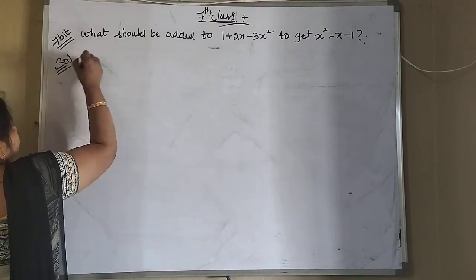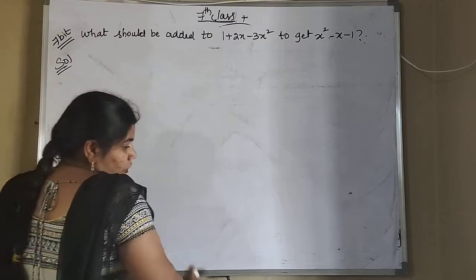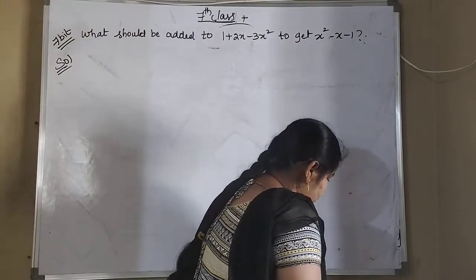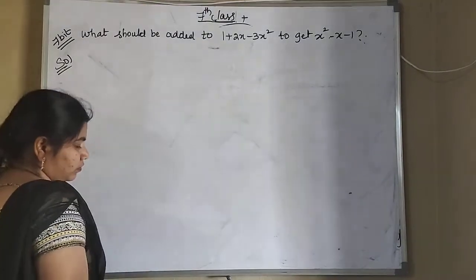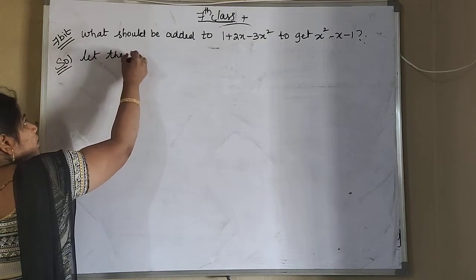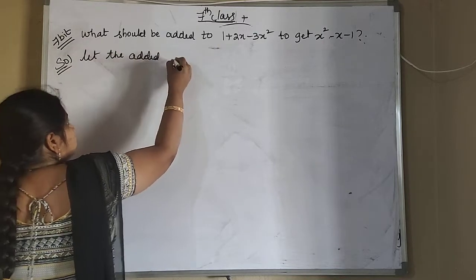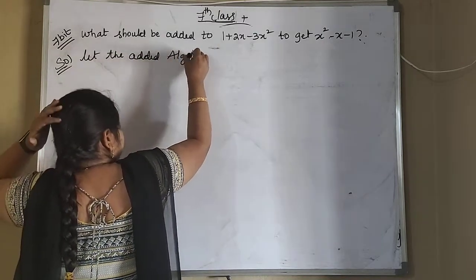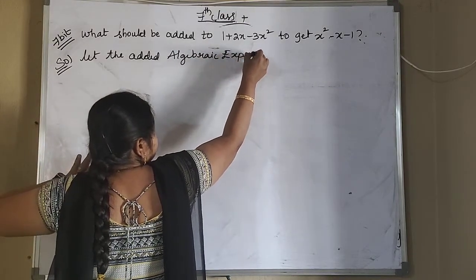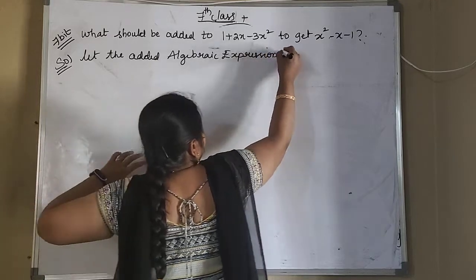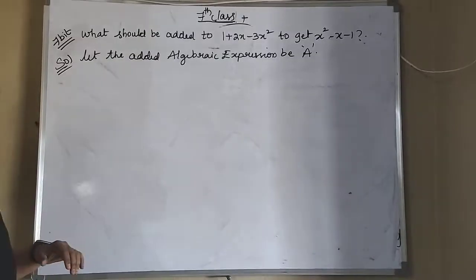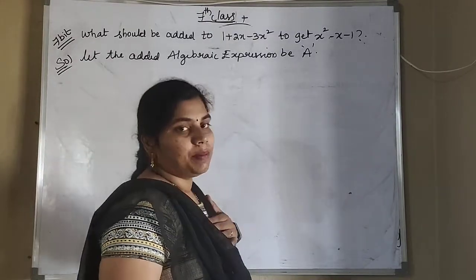So here, what we have to write now? Let the added algebraic expression be A. Okay, so what is the algebraic expression I am adding there?